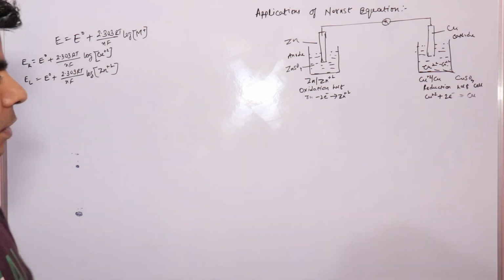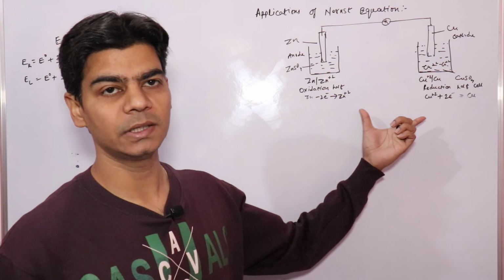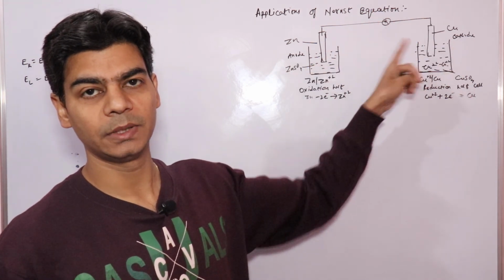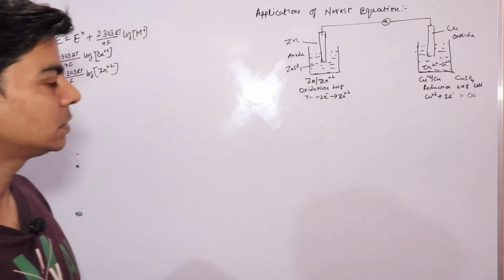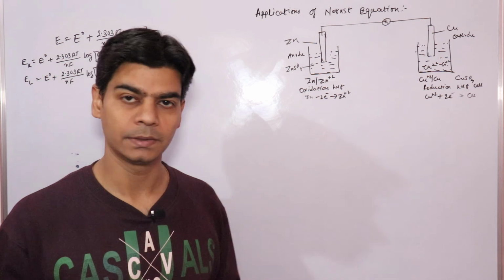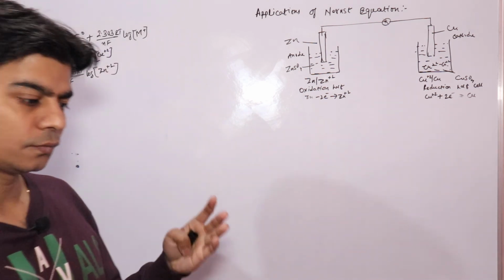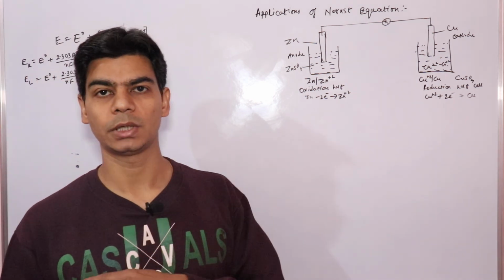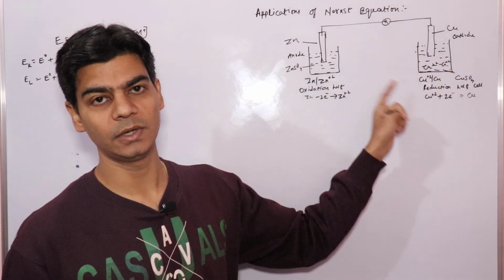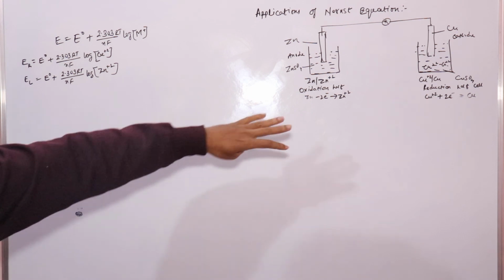When current is flowing, there is a potential difference between the two electrodes, and it is due to this potential difference that current flows, because current flows from higher potential to lower potential. Till the time we have a potential difference in the two half cells, current will flow. So what is the potential difference?